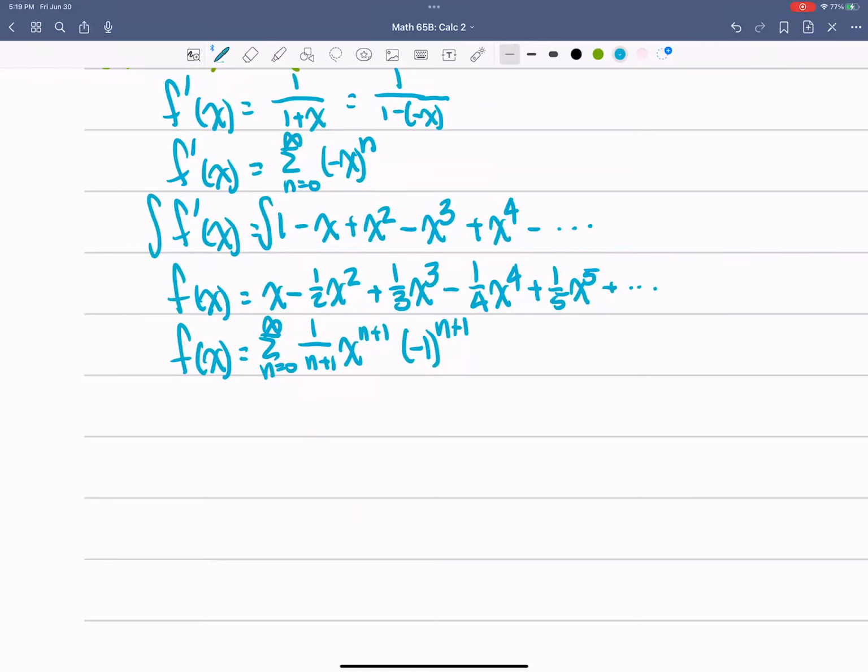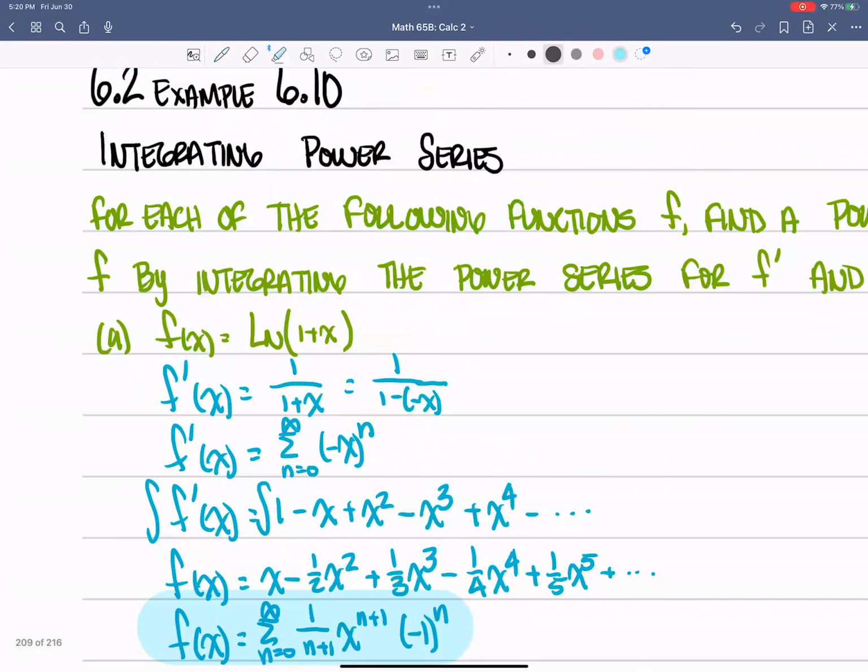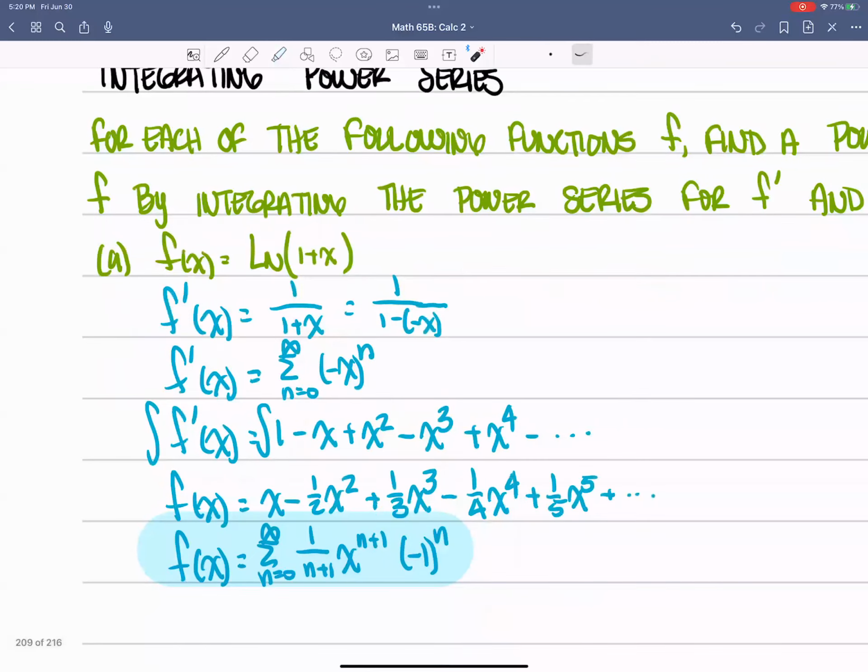All right, so when we plug 0 in, actually, it should just be n. So for the first term, plugging 0 in here, we end up with 1, positive. All right, there we go. So this is our infinite sum for this sequence here. And I think that's pretty cool.